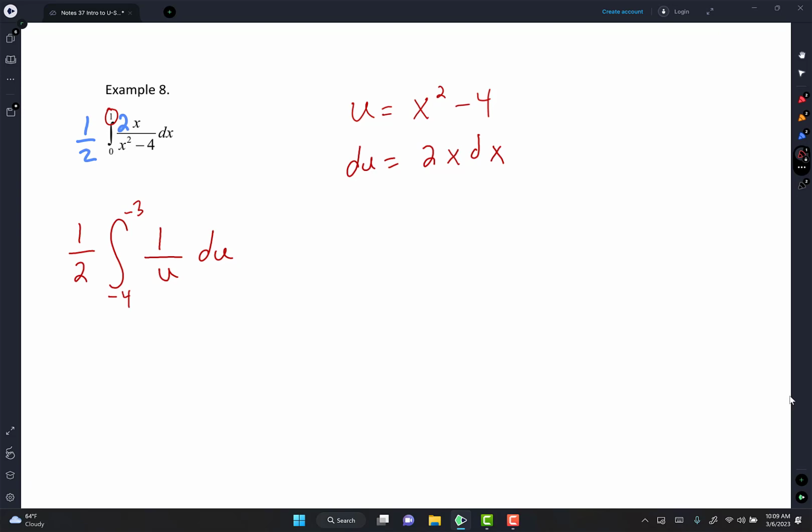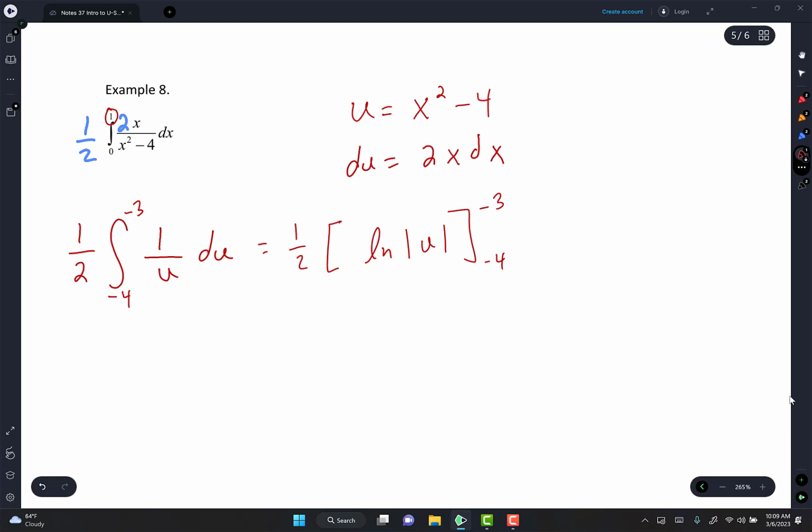All right, here we go. 1/2. What's the antiderivative of 1 over u? That one you can say ln. Make sure you put absolute value of u, from -4 to -3. Are we okay? All right, here we go. 1/2, giant parenthesis, upper minus lower: ln absolute value of -3 minus ln absolute value of -4, close, close.